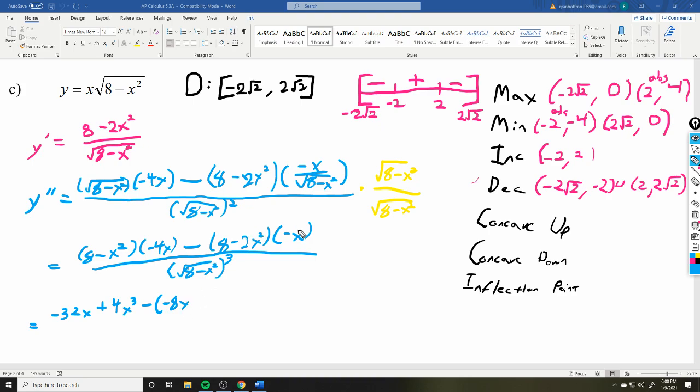And then I have a negative 2x squared times a negative x, which is going to be a positive 2x cubed. And that's still all over 8 minus x squared quantity cubed.